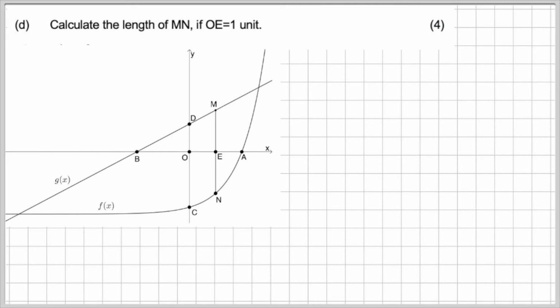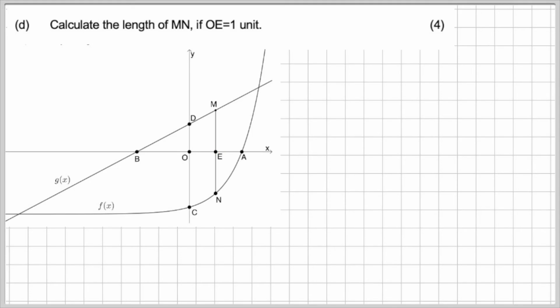Now let's look at D. Calculate the length of MN. Question, what is M and what is N? So what I love to do for my student, because they're asking me for a length of MN, which are points vertically above each other, okay? And remember that we told you that there's a 90 degrees, okay? That is important.